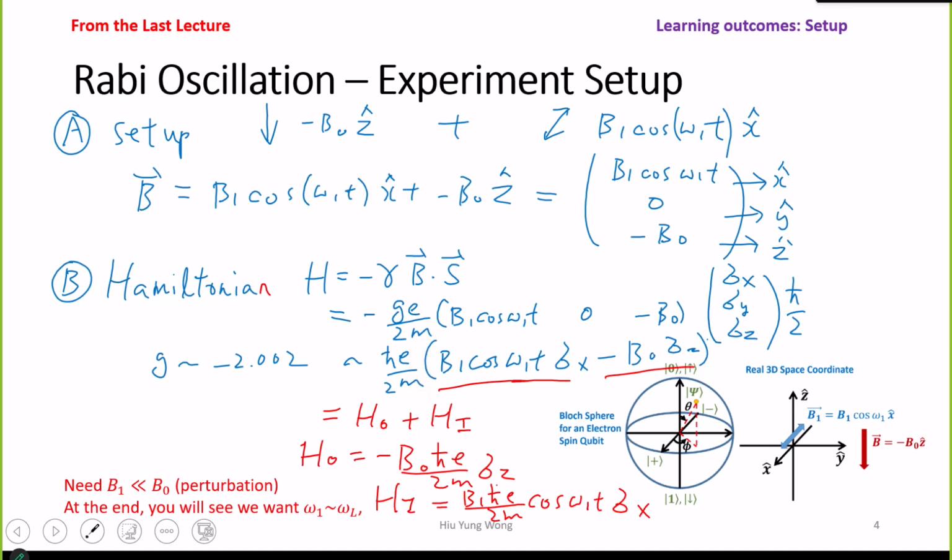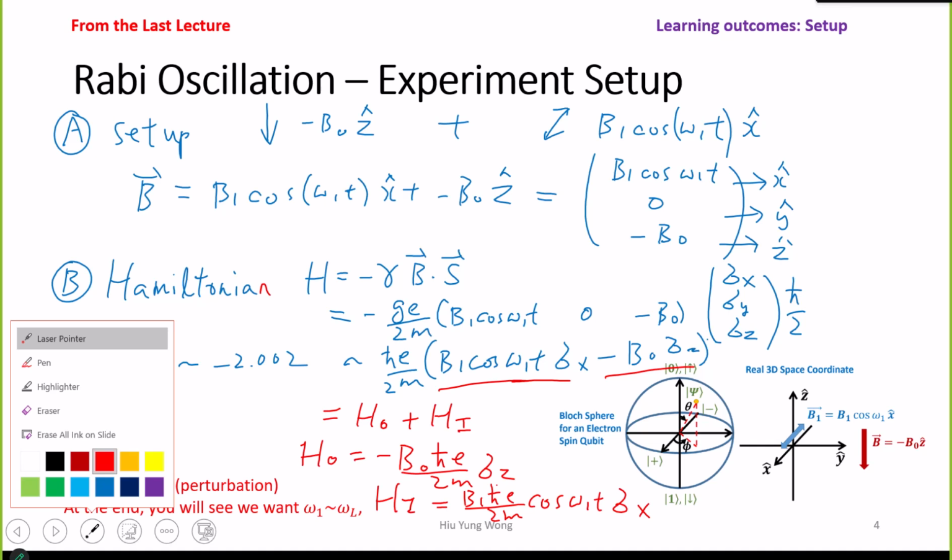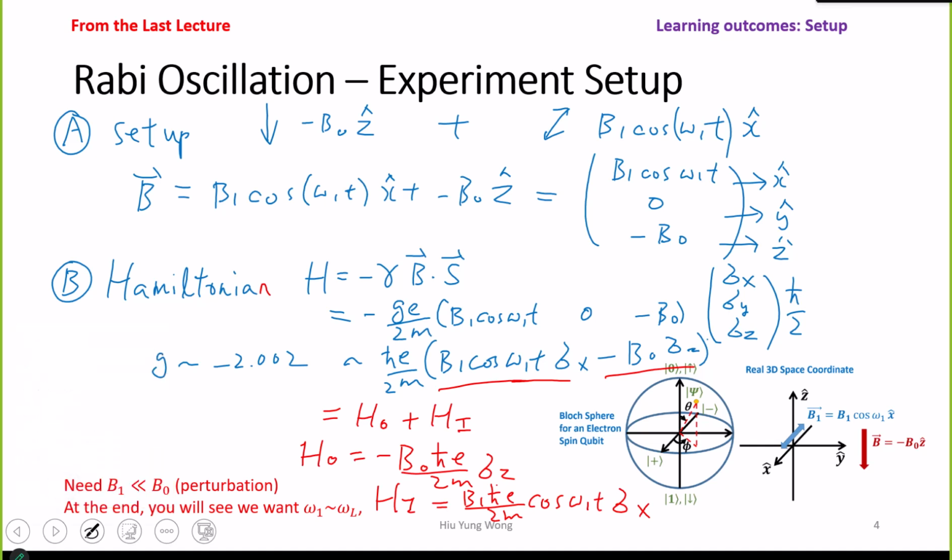And I hope you remember what the spin angular momentum operator is.